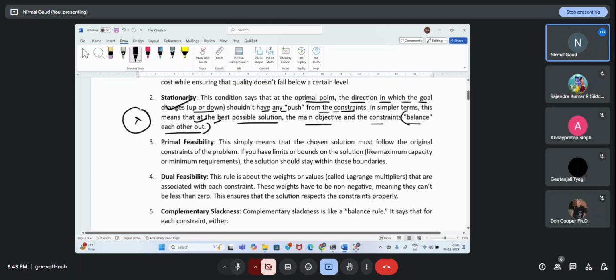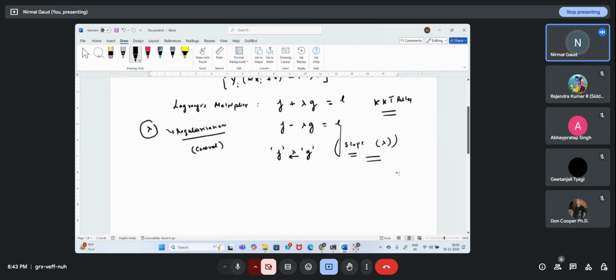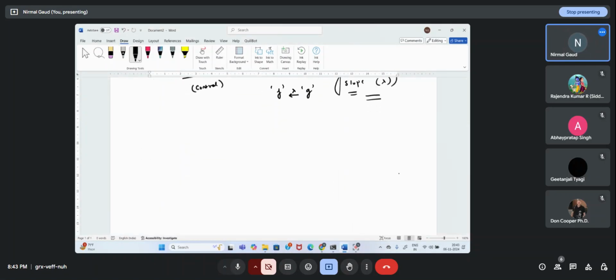It is saying that change in the direction up or down, there will be a point. You can take a curve like this, or whatever be the equation of objective function.